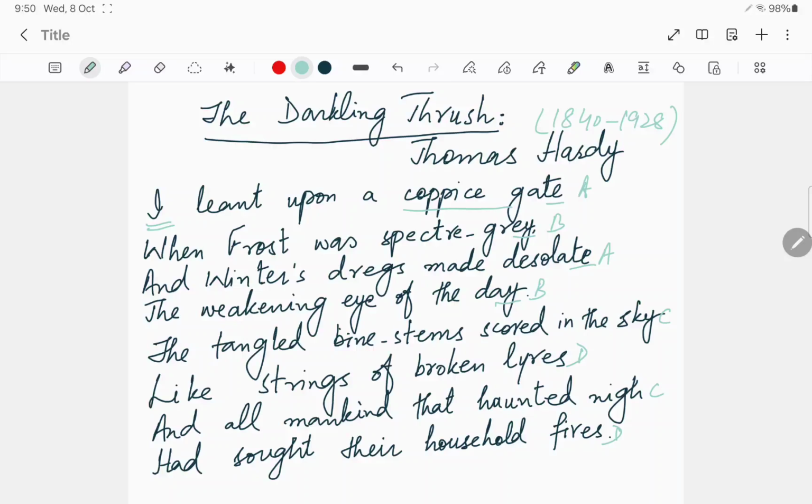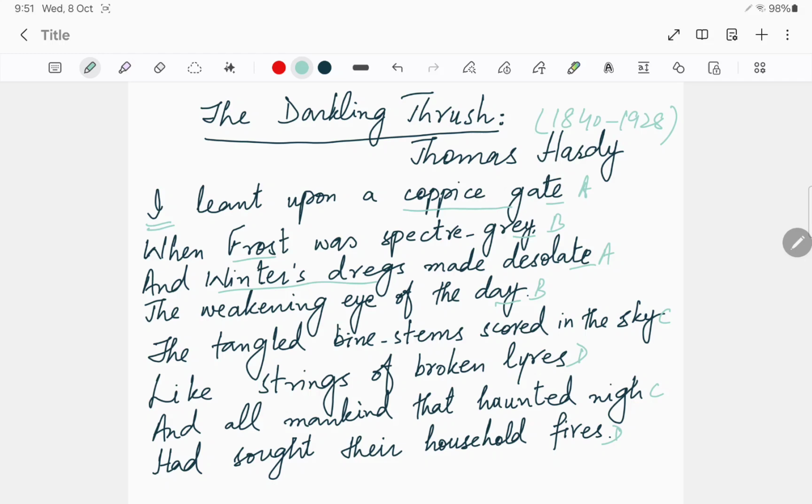And when frost was spectre grey, frost is described as a ghost-like thing, spectre grey, and it's winter's dregs, as we see here. That means the last and the dreariest part of the winter, and it makes the day look lifeless, in fact. So the weakening eye of the day, that means it's almost the end of the day.